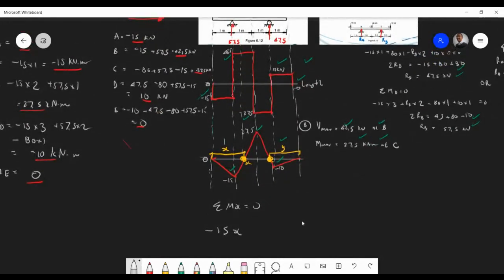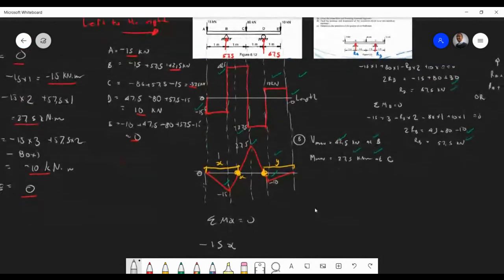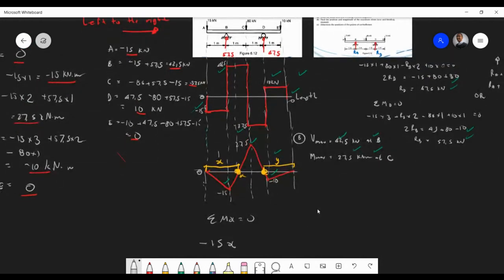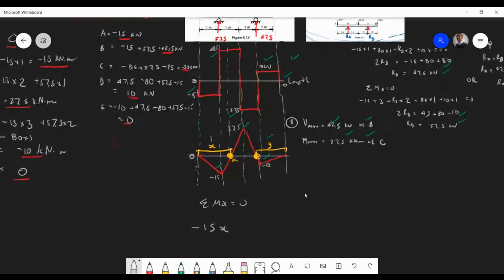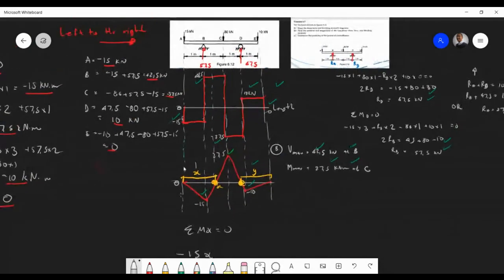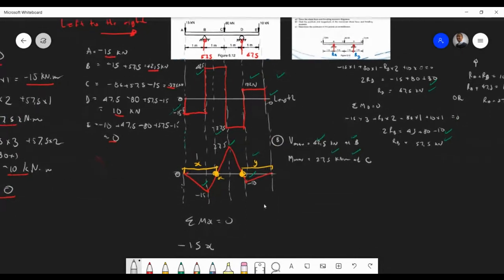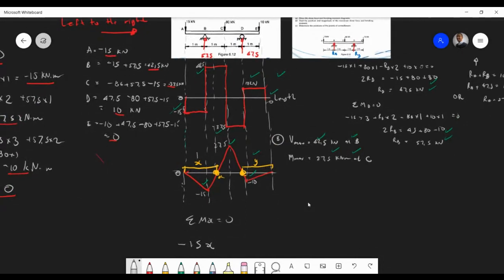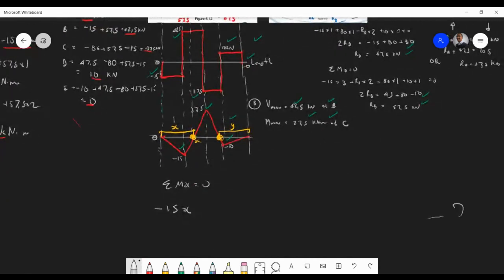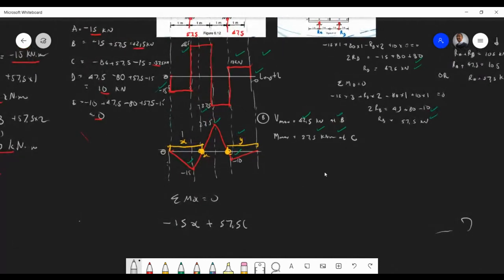Plus 57.5. I think that should be X minus 1.